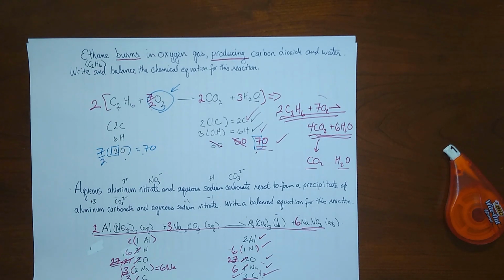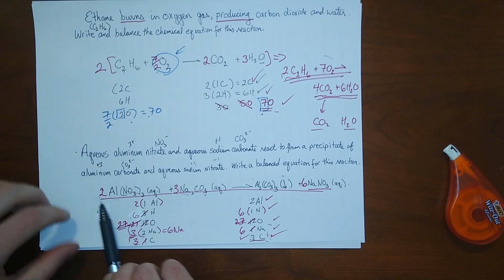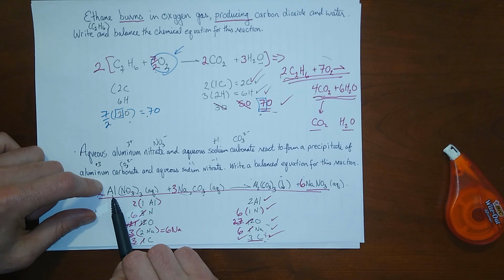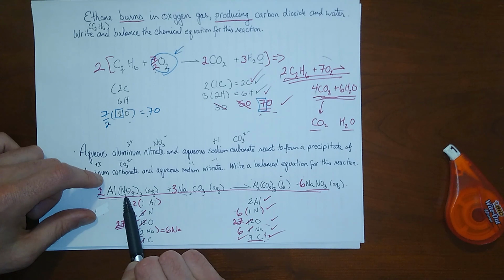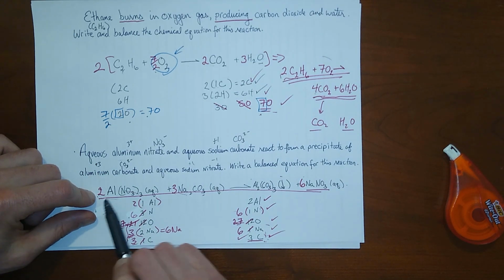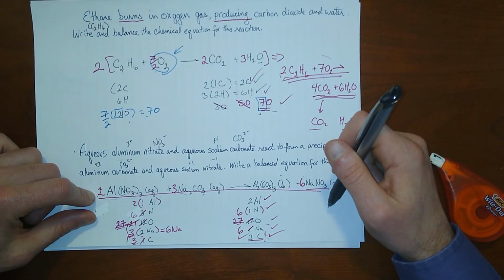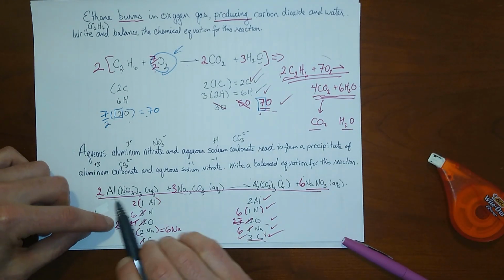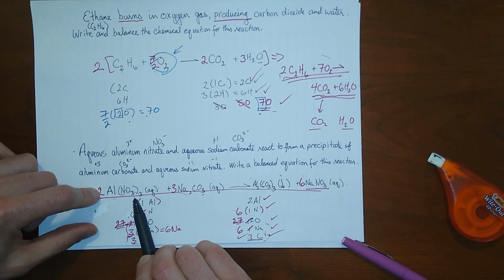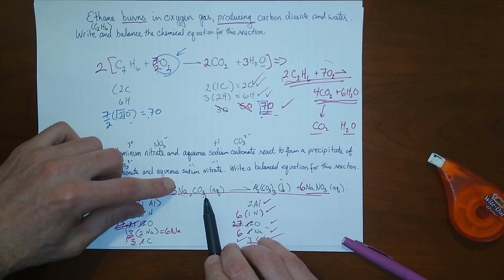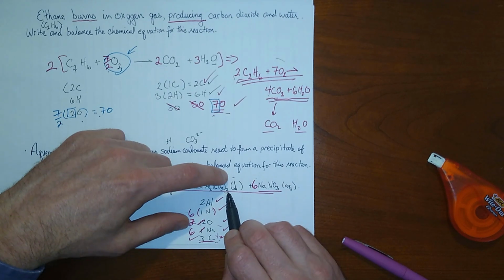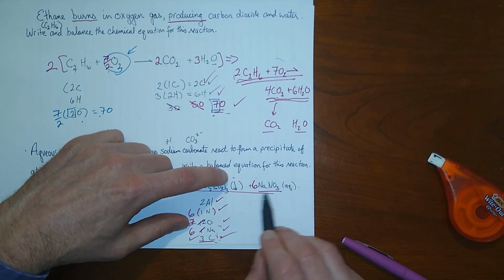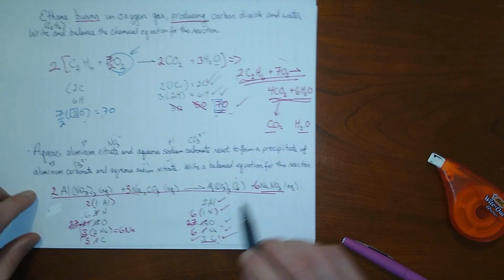The only question is, did we actually balance it? We're going to recount our atoms just to find out. So 2 aluminum here, 2 aluminum on this side. 6 nitrogen here, 6 nitrogen on this side. So far, so good. 9 oxygen times 2 is 18, plus another 9 oxygen from 3 times 3 is 27. 3 times 3 is 9, plus 6 times 3 is 18. 18 plus 9 is 27, so the oxygens are right.